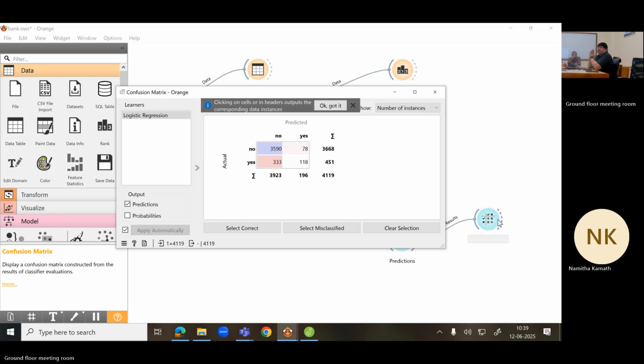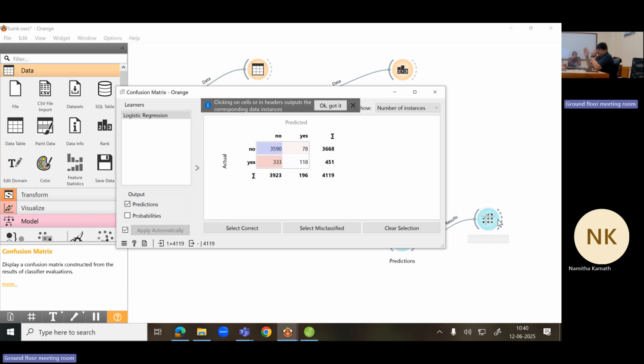Now, what can you say about the quadrant which has value 78? False positive. It is actually no, but predicted as yes.